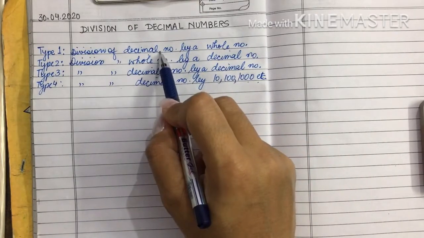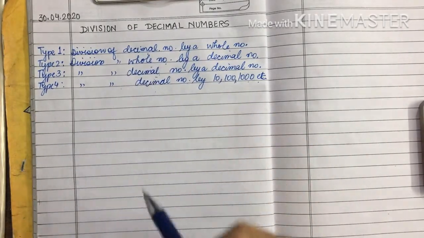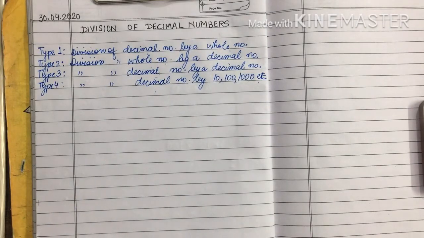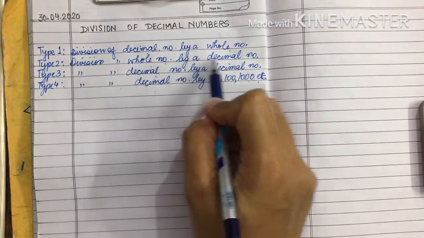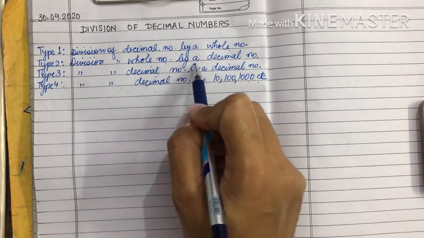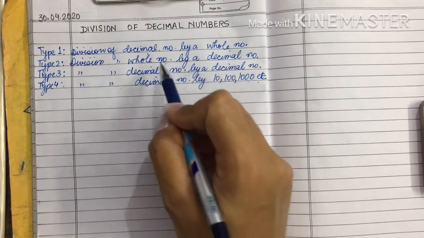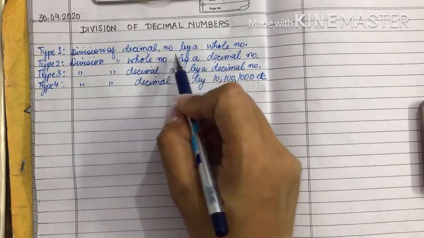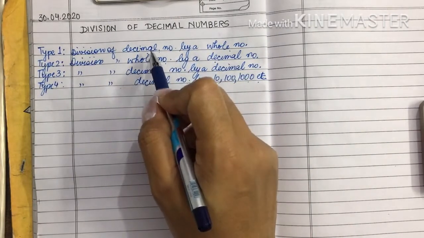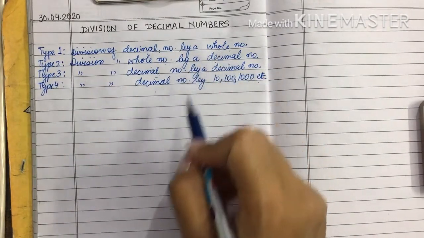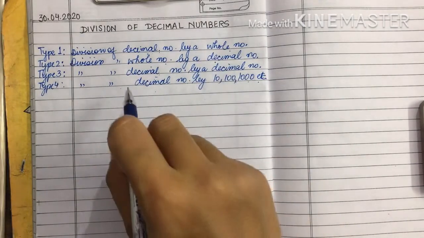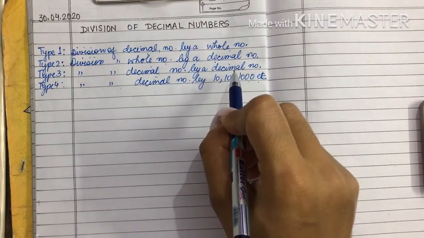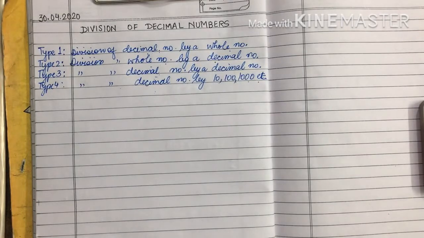Now, first type and the last two are just like in multiplication. There is one new type here, whole number by a decimal number. And why we have a new type? Because multiplication is commutative. So if it is decimal number and a whole number to be multiplied, or whole number and decimal number to be multiplied, we can always change the order in multiplication, but in division it cannot be done.